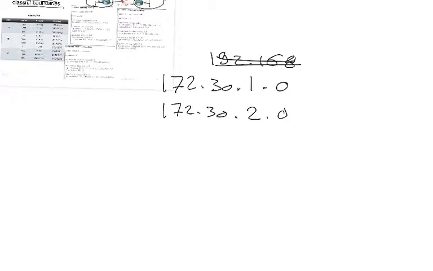If you want to summarize these networks at the classful boundaries, then you will summarize them as 172.30.0.0/16.